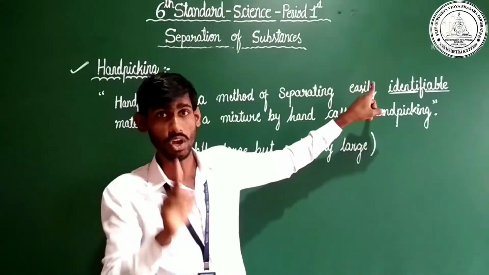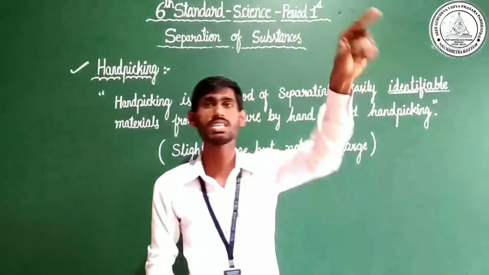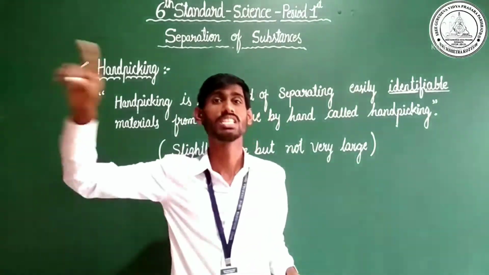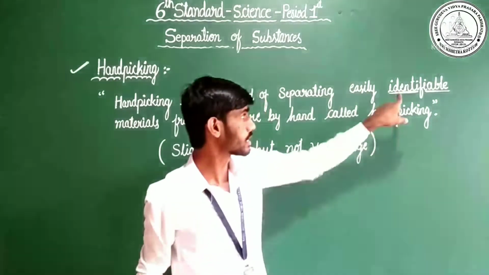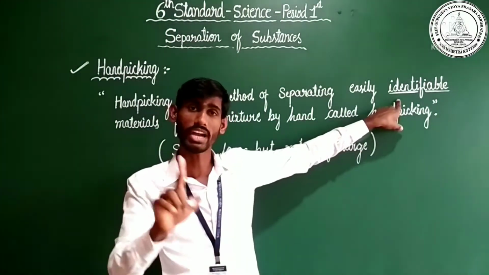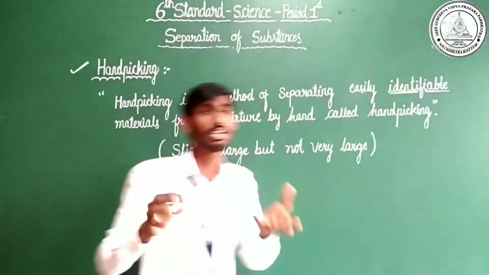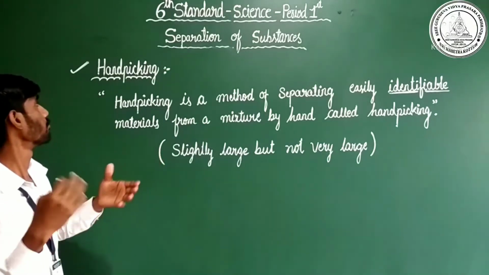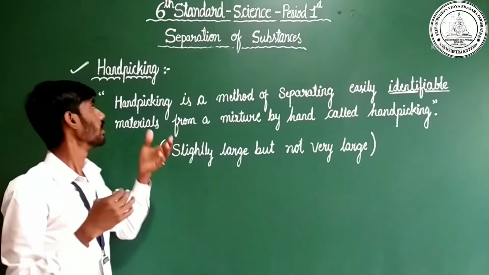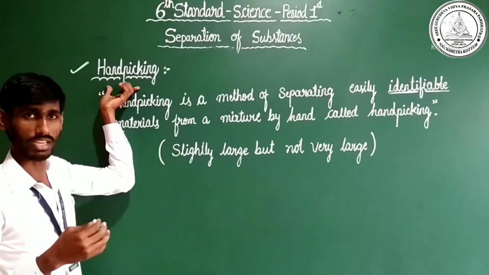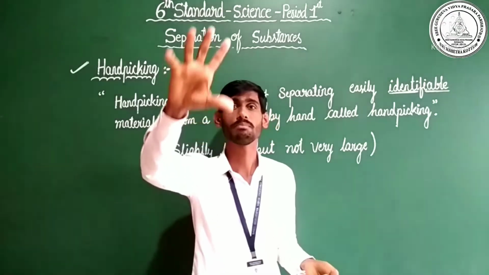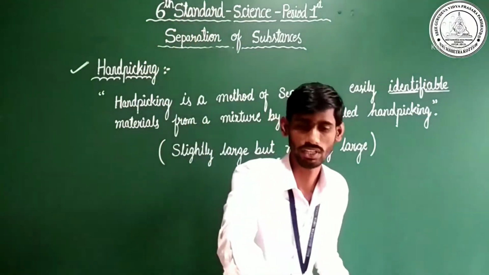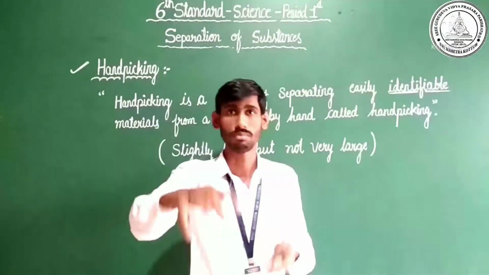We can identify: this is guava, this is ananas, this is pomegranate, this is apple. Isn't it? It is possible. If it is possible to identify, we can easily use the method of hand picking, but by our hand. So we need to take a process by our hand.